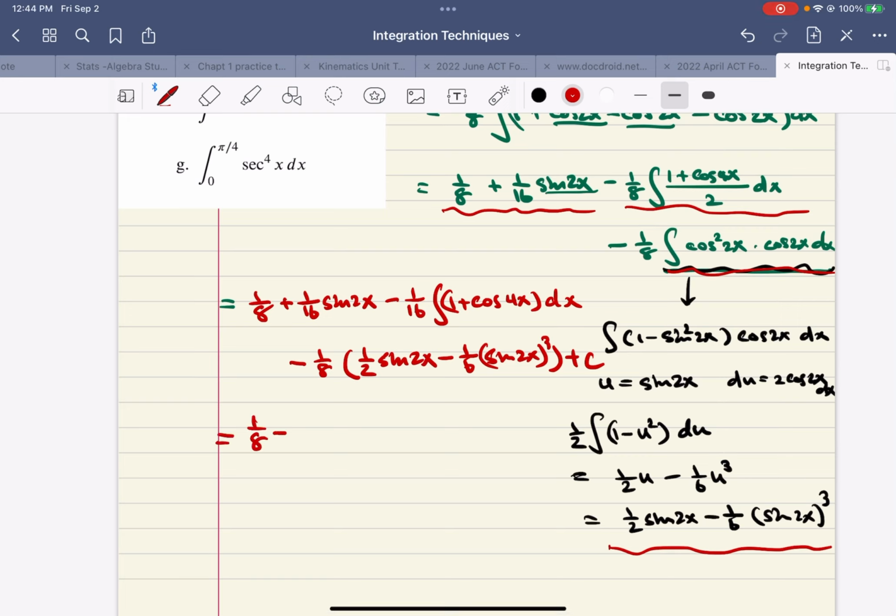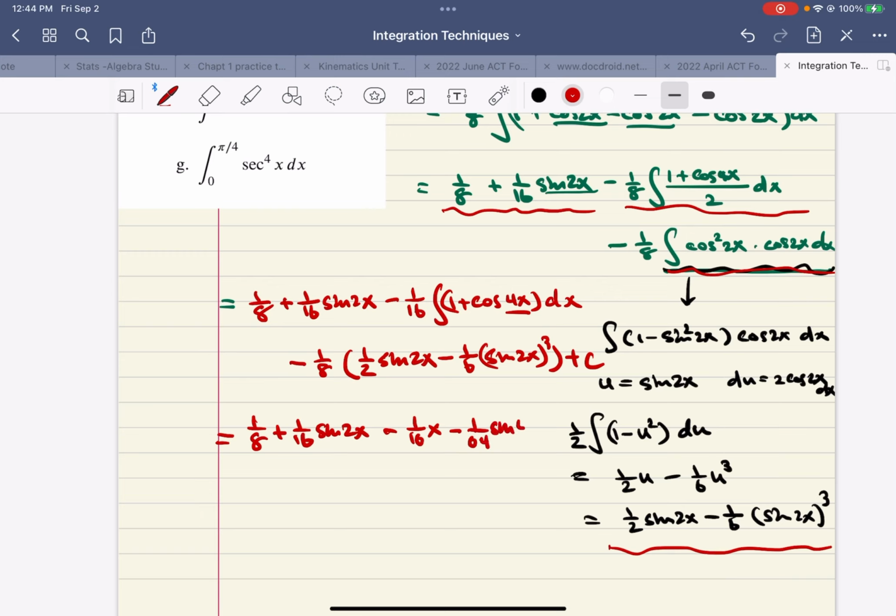1 over 8 plus 1 over 16 sine 2x plus 1 is just x, so 1 over 16 x, I mean it will be minus, and then also minus 1 over, if you think about chain rule here, 16 times 4, 64.